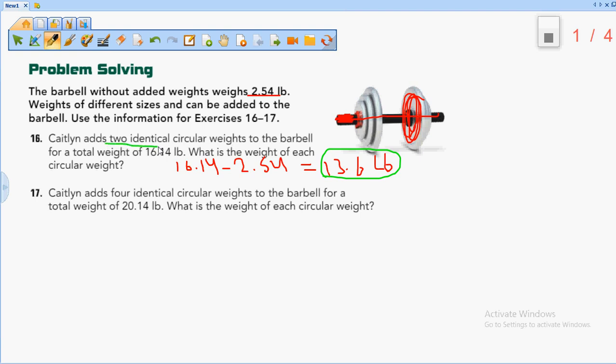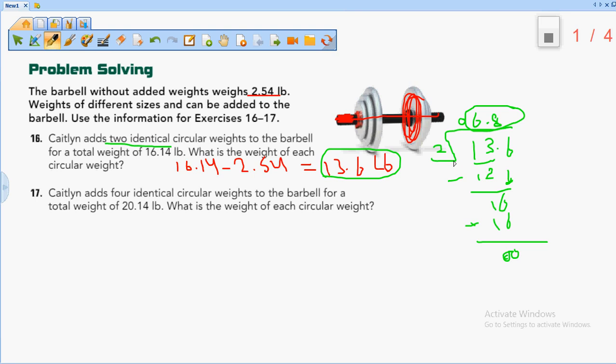Two identical means both of them are the same, so we have to divide 13.6 by 2. 1 divided by 2 is 0. 13 divided by 2 is 6, 12. 1, put the decimal point up and put the 6 down. 16 by 2 is 8. 8 times 2 is 16, so each weight must be 6.8 lb. So the answer for the first question is 6.8 lb for each circular weight.